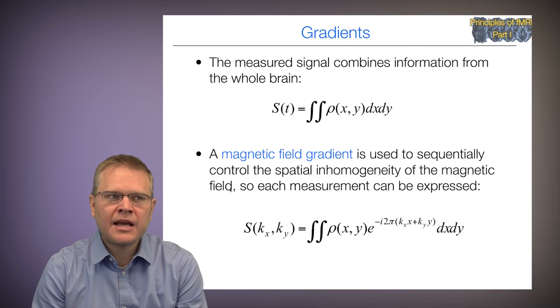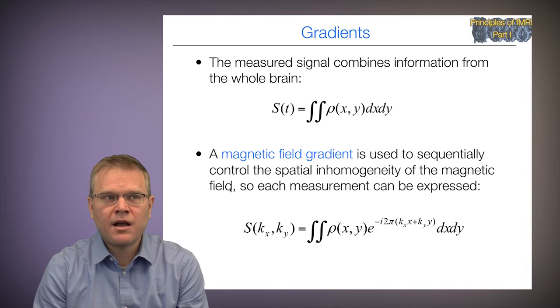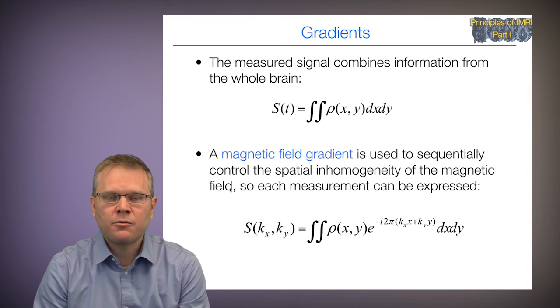So here you see that now we have, for two constants, kx and ky, we can measure S of kx, ky, which is this rho of x,y weighted by this exponential term which depends on x and y and kx and ky, where again kx and ky is controlled by us.